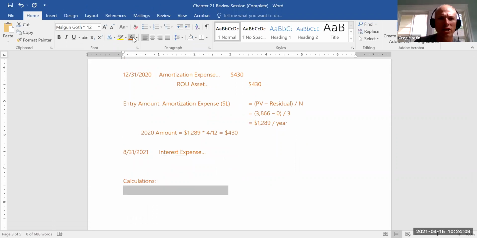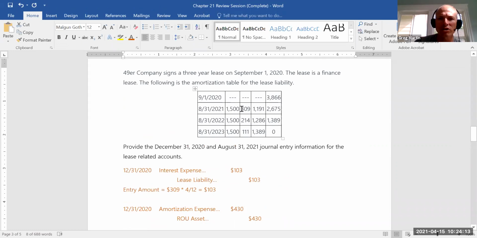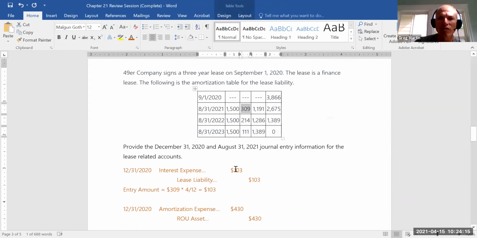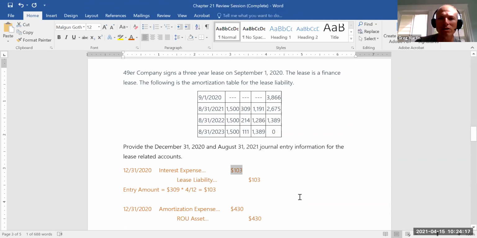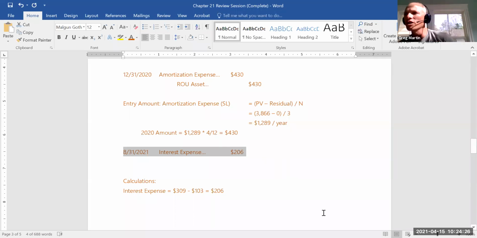The first calculation is that interest expense. And of course, we know that 12 months of interest expense is $309. We've already recorded $103. And so that tells us that the remaining interest expense is the difference, which is $206. Again, we're just recording the last 8 months of interest expense.